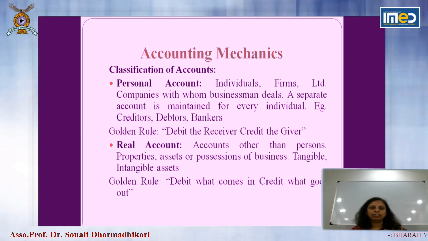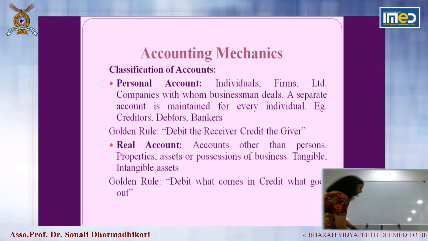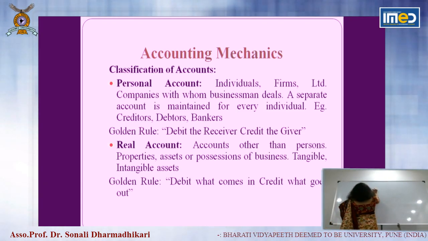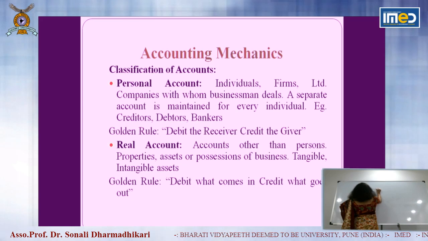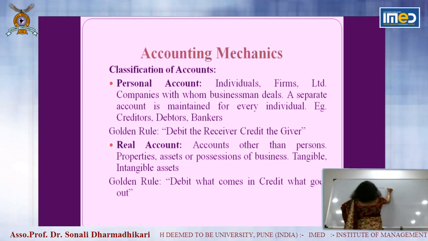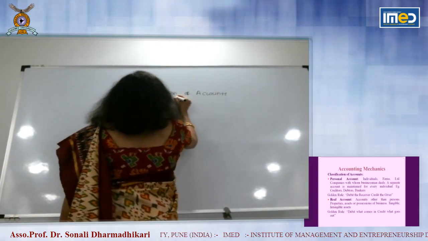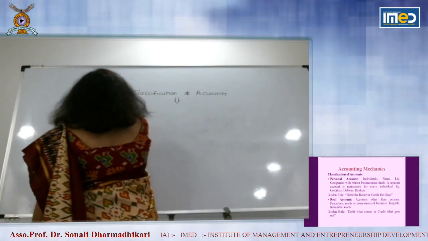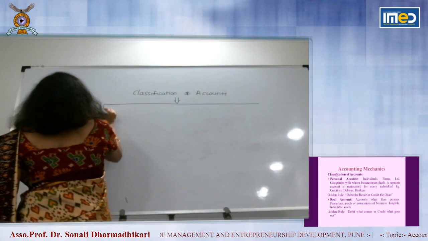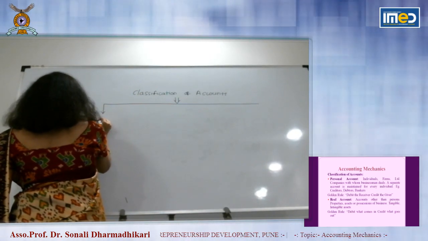Now let us prepare a chart to show the classification of accounts. This chart is going to help you in passing journal entries. It is a very important chart we are preparing.